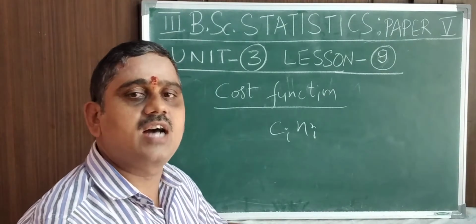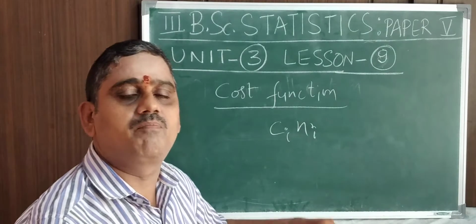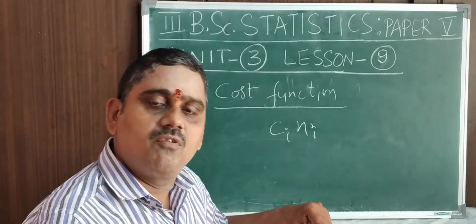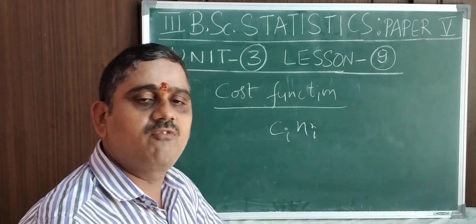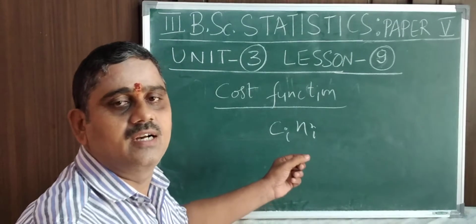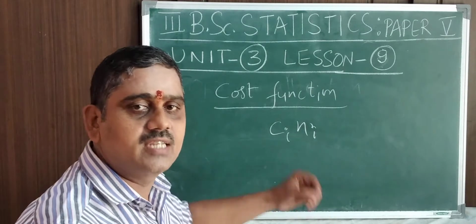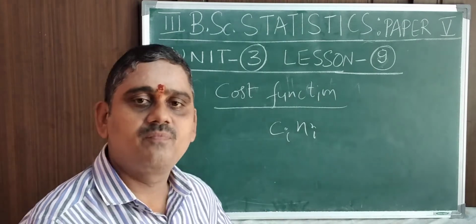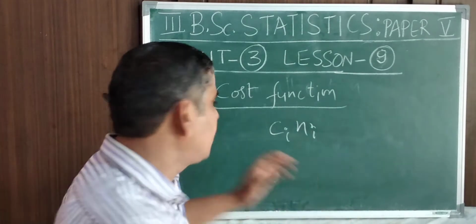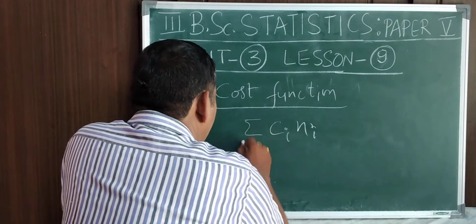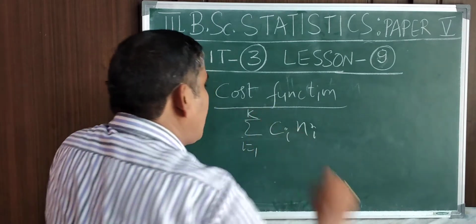So therefore, the cost of collecting one unit is going to be considered as Ci, then for ni units it is Ci into ni. Likewise for all strata, it will be specified as summation i equal to 1 to k Ci into ni.